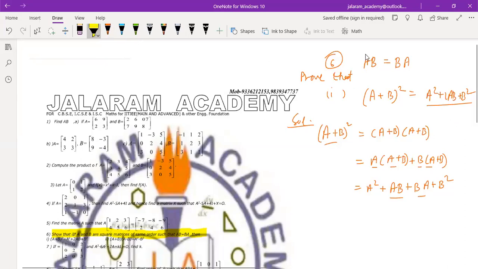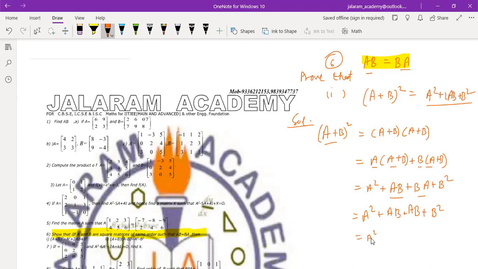But in this question, it is given that AB equals BA. So if we use it, A square plus AB plus, and in place of BA, it is again AB, plus B square.